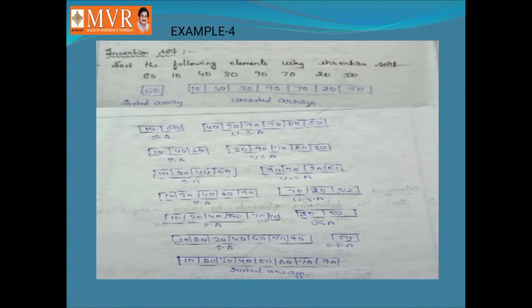Now compare 40 with 60; 40 is smaller than 60. So I have to place it in between 10 and 60. So my sorted array becomes 10, 40, 60, and the remaining elements 30, 90, 70, 20 and 50 remain in the unsorted array.